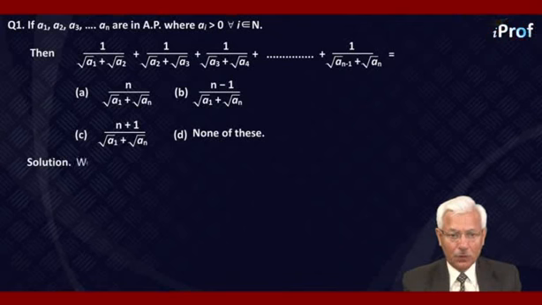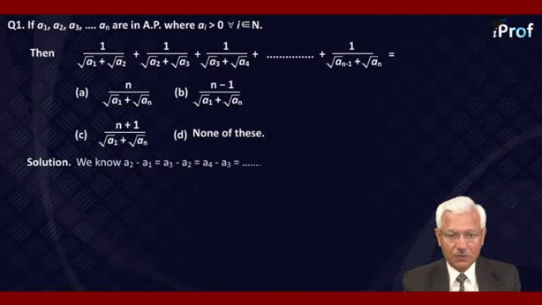Now we know for arithmetic progression A1, A2, A3, ..., An, A2 minus A1 is equal to A3 minus A2 is equal to A4 minus A3 and so on, An minus An minus 1 is equal to d.